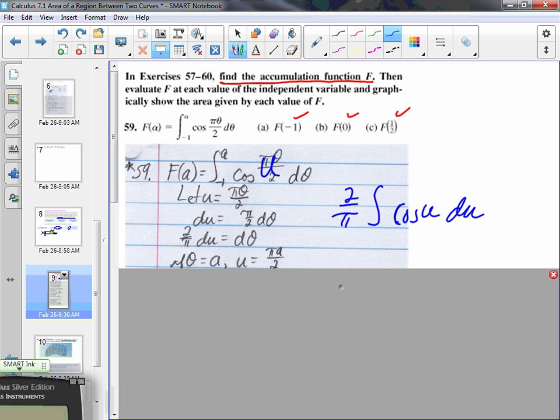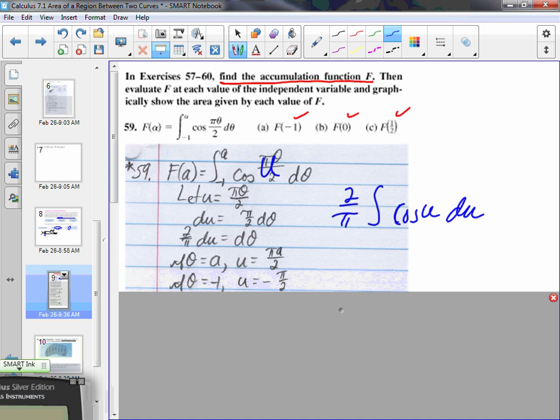So the new upper limit of integration is pi a over 2. If theta equals -1, what does u equal? Well, it equals pi times -1 over 2, which is -pi over 2. So that's the new lower limit of integration.